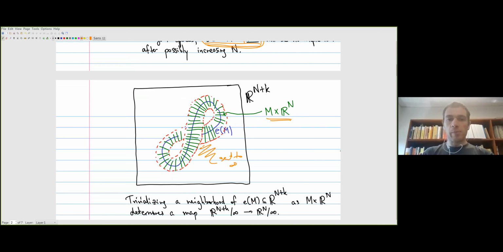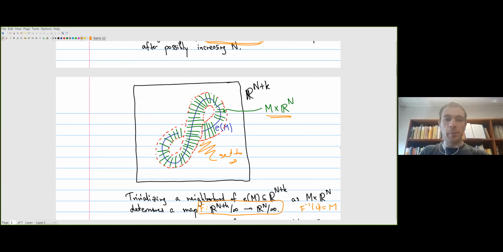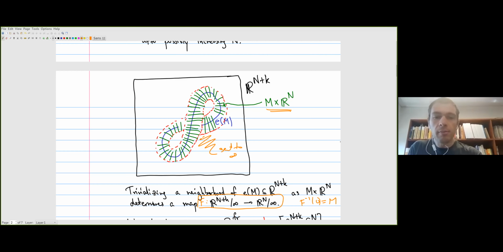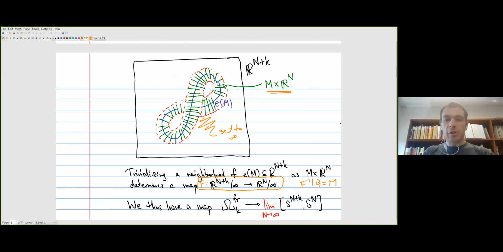So then, if we call this map F, then F inverse of 0 is M, and moreover, the framing you get from this presentation as the zero set of F is the same as the framing we started with. So this gives a map in the reverse direction from bordism to some homotopy group. Great.